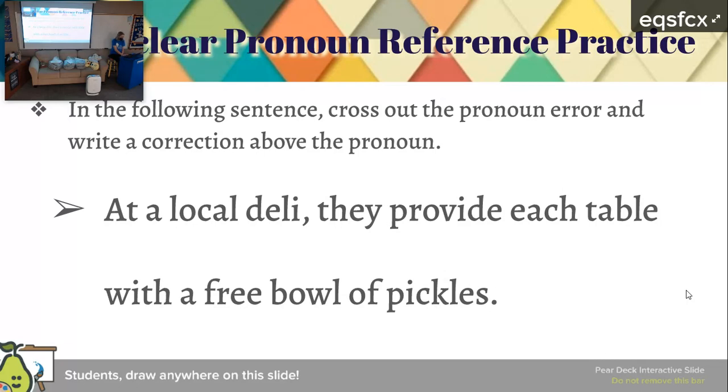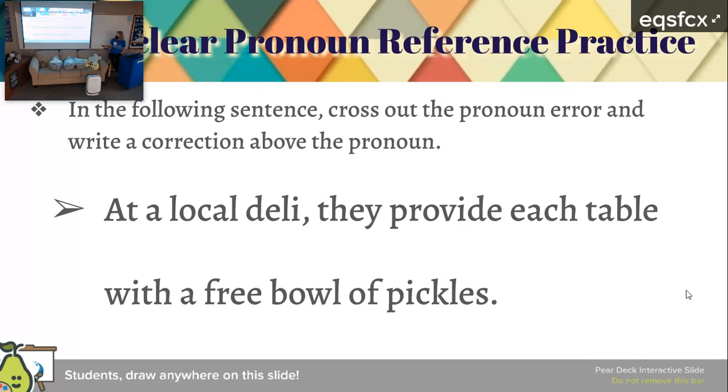All right. We did really well identifying the pronoun error, partly because there's only one pronoun in this sentence, right? So if you know your pronouns, you found the pronoun error. It's they. Can anybody explain what our error is here? What is our error?